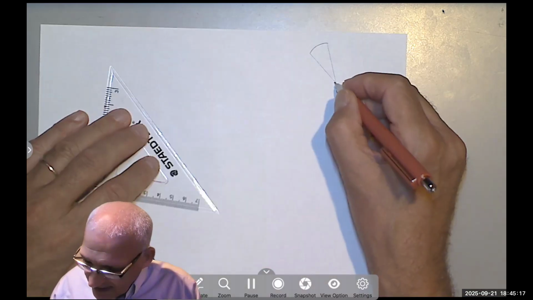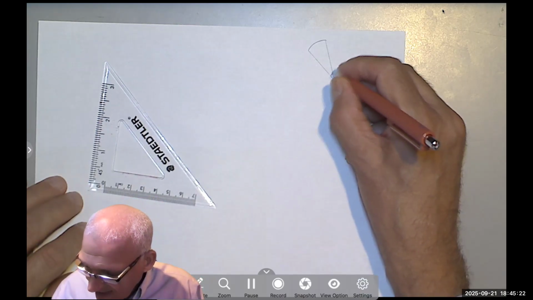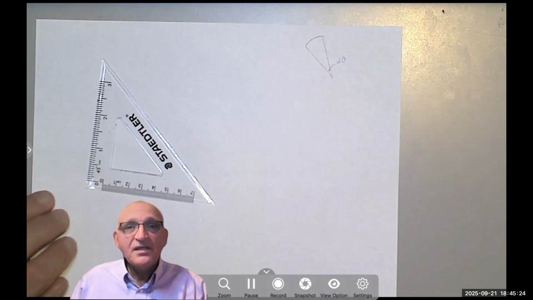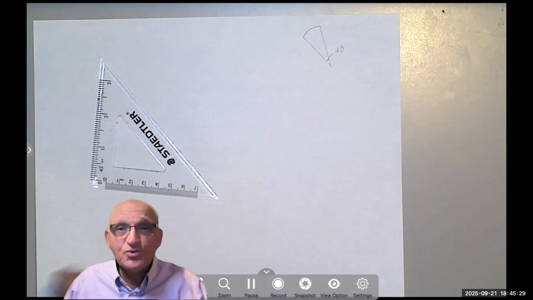Here, I'm going to look at a small sector with an inscribed angle of d theta. Remember, last time we were using only one variable, which was theta.